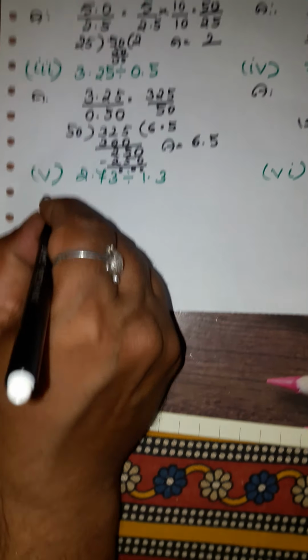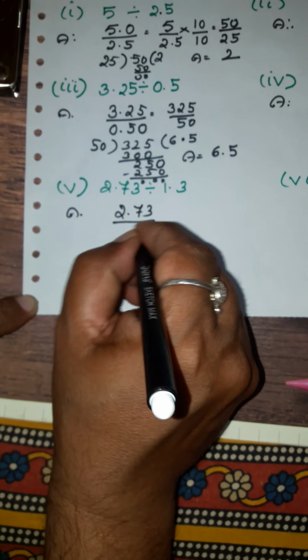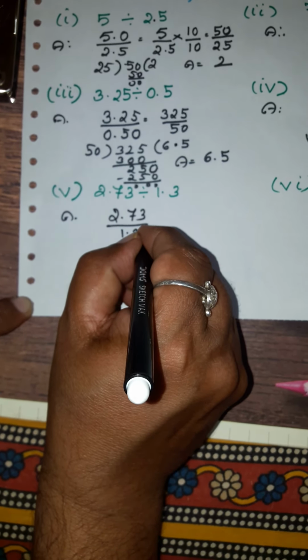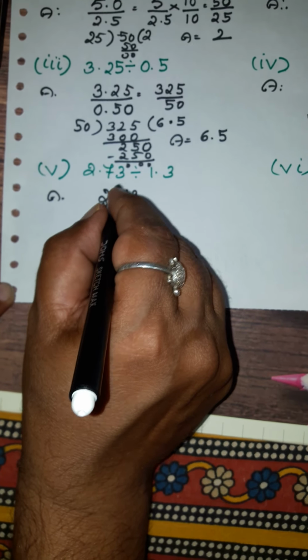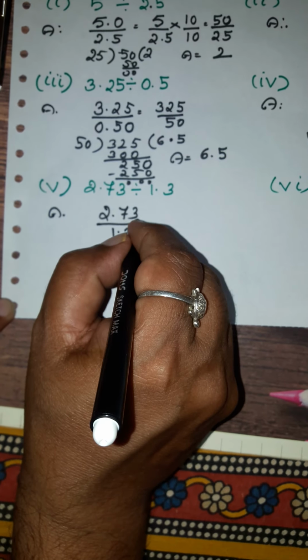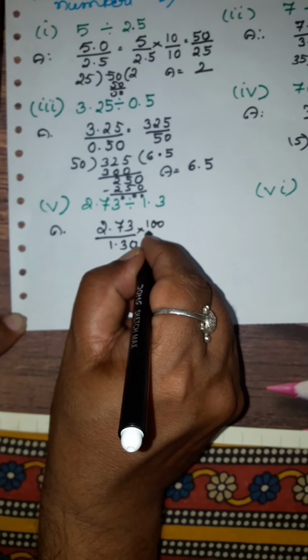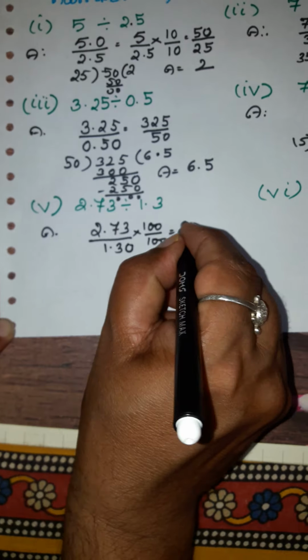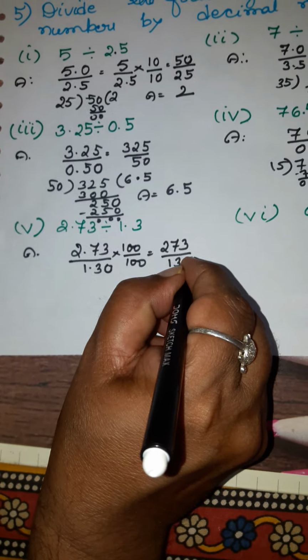The fifth problem. 2.73 divided by 1.3. So you can put 1 0 here. Now I can shift a decimal point to the right by 2 places, here also by 2 places by multiplying this numerator by 100, denominator by 100. So I'll get 273 by 130.